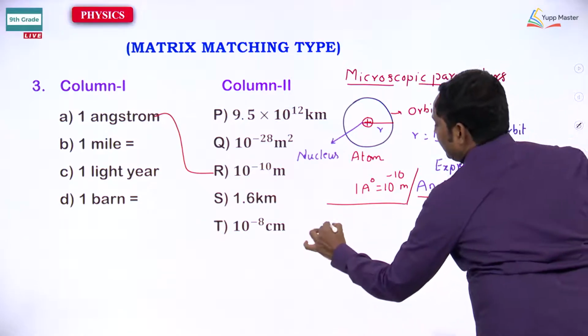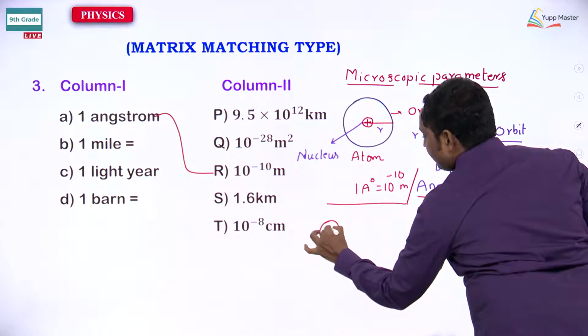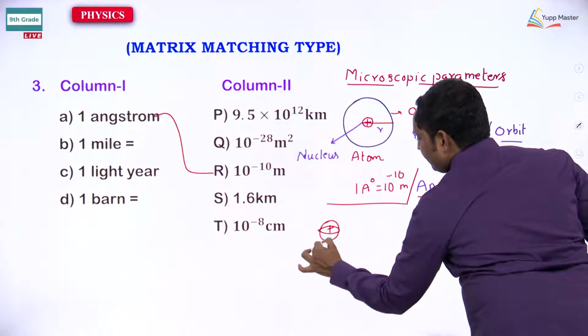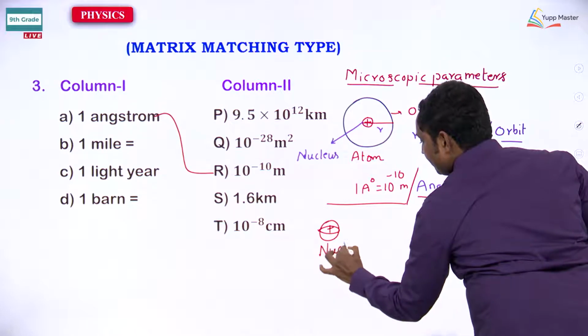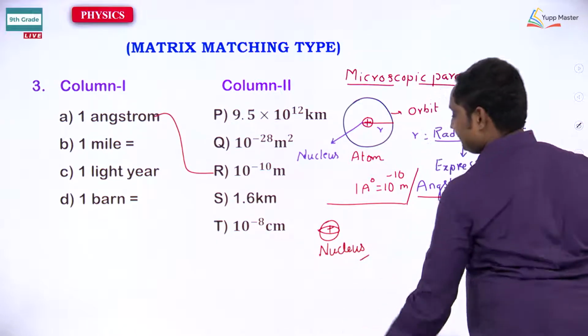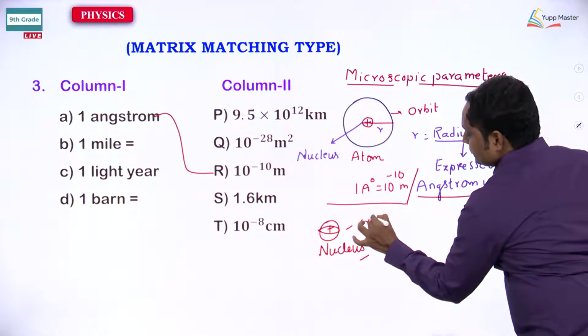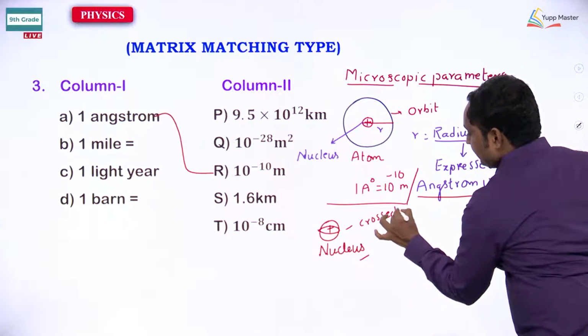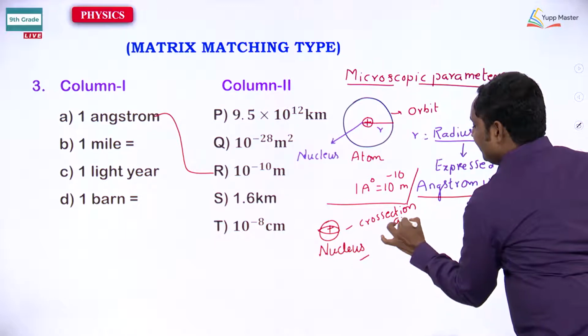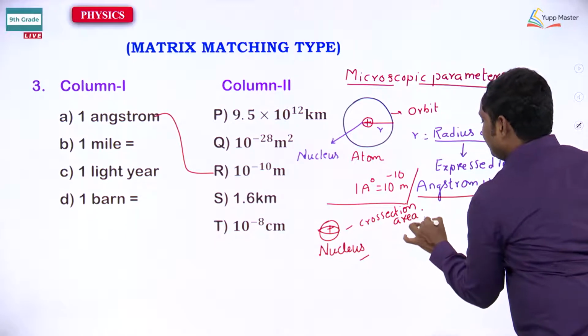Now this is the nucleus, and you are going to get the cross section, the cross section area. It can be measured in terms of barn.